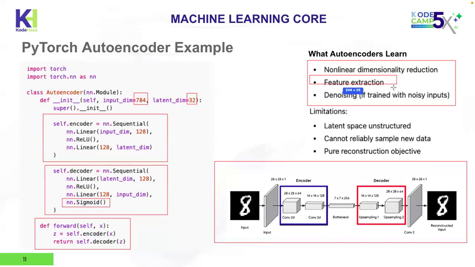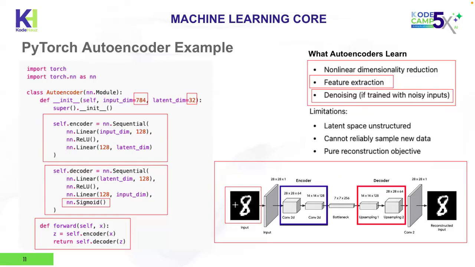But here it actually learns a lot. So it's able to do feature extraction, right? And compress those features into a smaller latent space. Then it does denoising. So if you train it with noisy inputs, it eventually learns the signal because the noise will cancel out. For example, and this is where it's very useful, if you give it a lot of eights, with some of them looking different, some of them having spots and all of that, it eventually learns what is common to all of them.